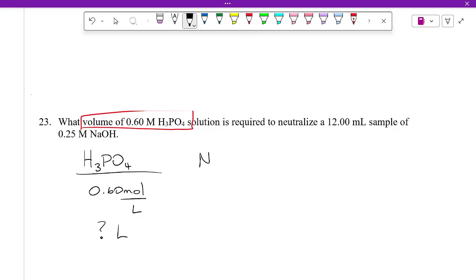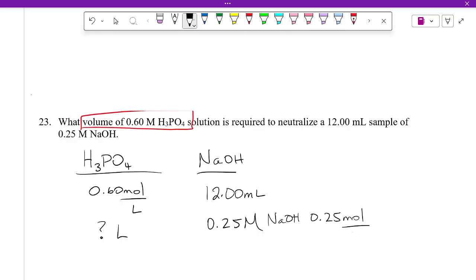Our NaOH, we know that we have 12 milliliters, and we have 0.25 molar NaOH, or 0.25 moles per liter. Now, this is one of the situations where if you try to use M1V1 equals M2V2 for a titration, you will get the answer wrong.